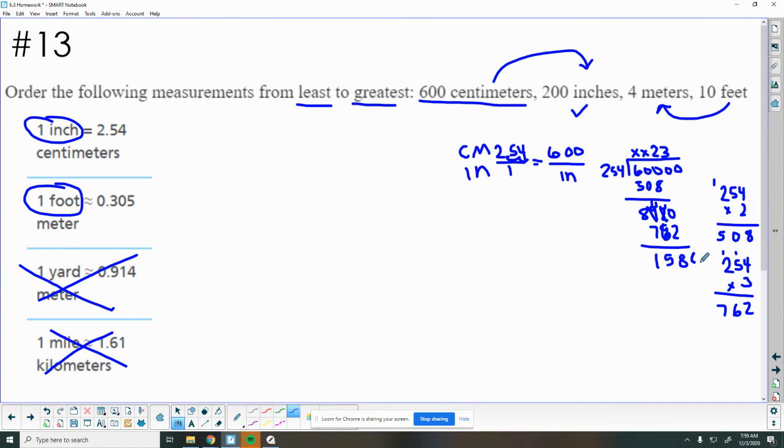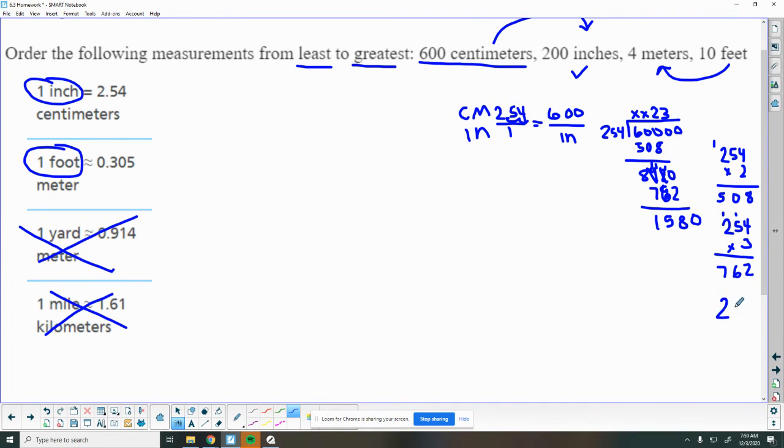And 1. And bringing this down. So let's try 4. 254, I'm thinking it can go in there more than that because this is about 500 doubled. 4 would be 1,016. Oh yeah, it can go in there more times than that. Let's try a 5 and see what happens.